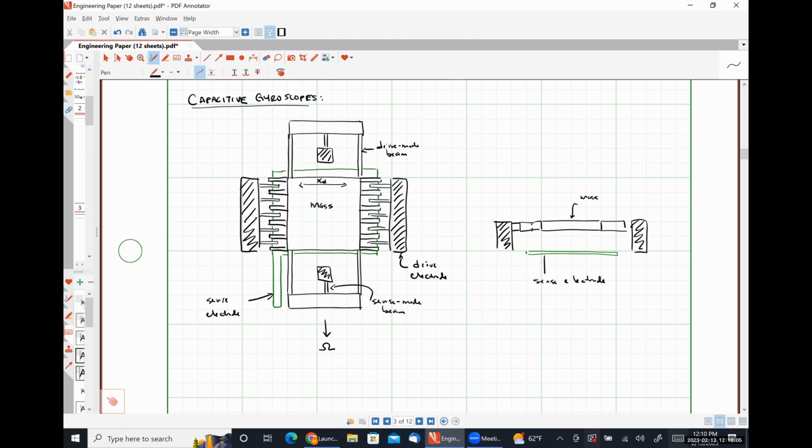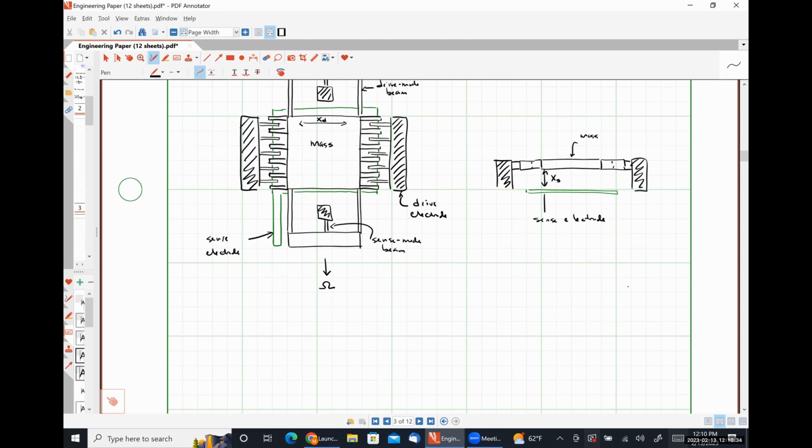And then there are fingers that are interdigitated from the mass section, and we should see that our sense mode displacement is in the up and down direction, changing the distance between those two plates, which gives us a changing electrical signal. Okay. So that's one way to do it. This is a pitch or y-axis rotation sensor. Okay.